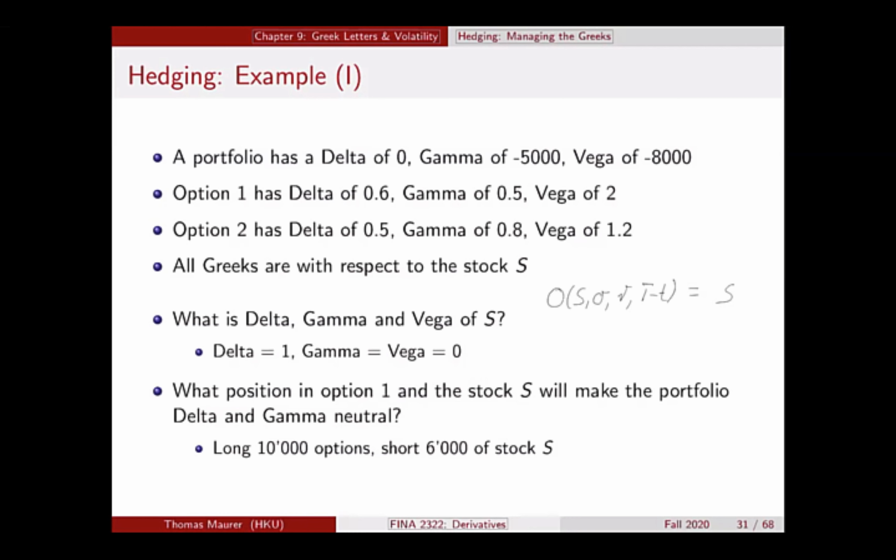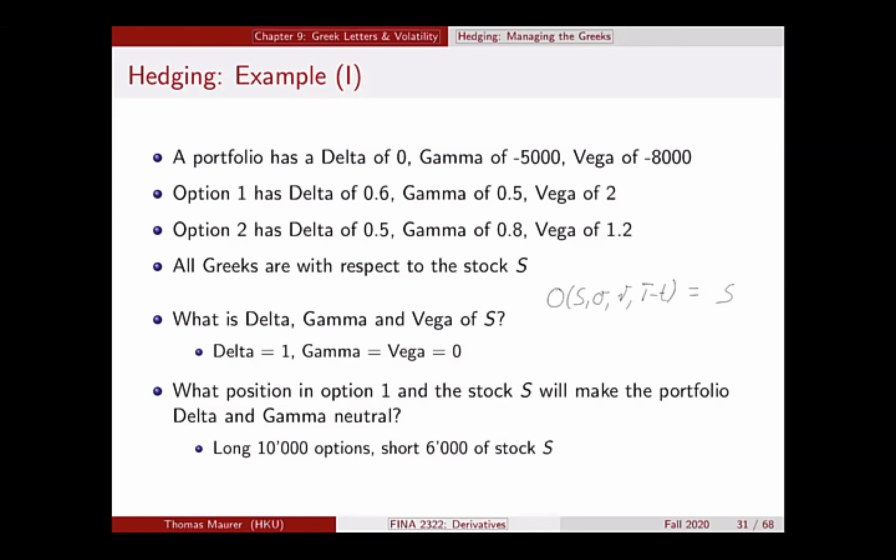Well, it's going to be exactly 10,000 options of option number 1. 10,000 times 0.5 gives me plus 5,000 gamma. So the first thing I do is add 10,000 long positions of option number 1 to the portfolio I already have, to make sure that the gamma is 0.